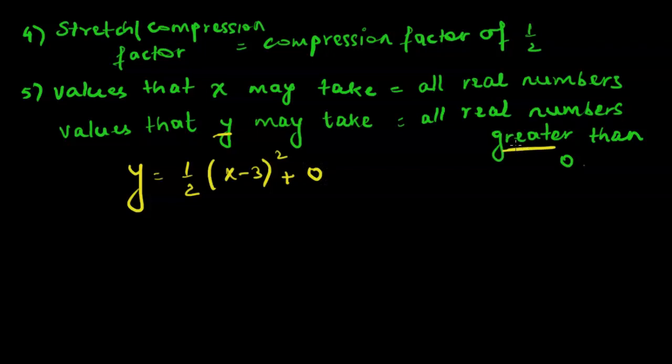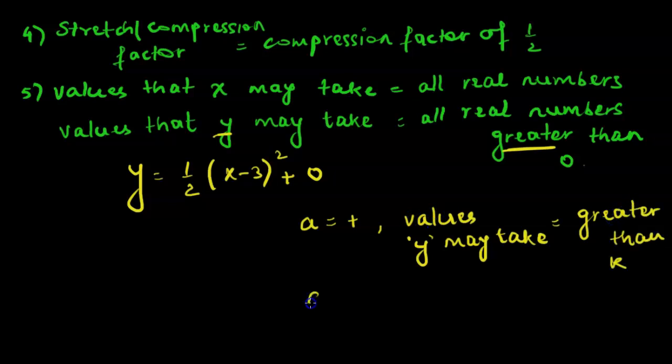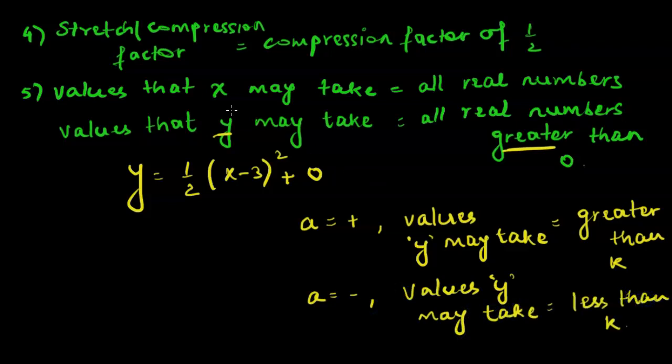And whether we write greater than or less than depends upon the a value. If a is positive, then the values y may take are greater than or equal to k. However, if a is negative, then the values y may take are less than or equal to k. For the values that x may take, it is always the same answer, that is all real numbers.